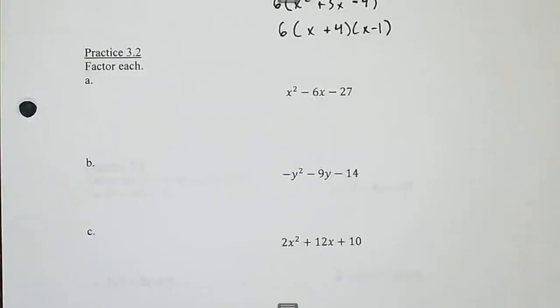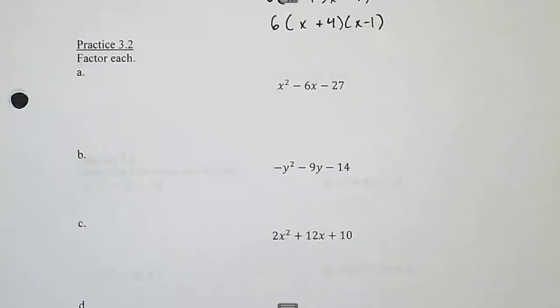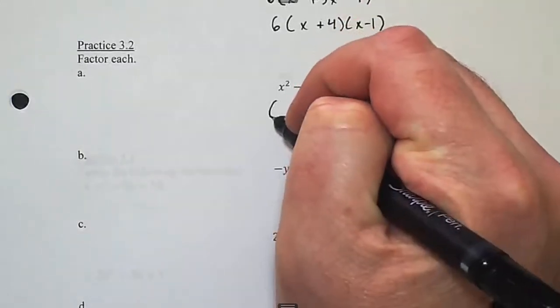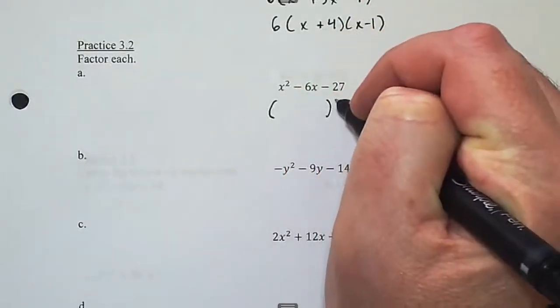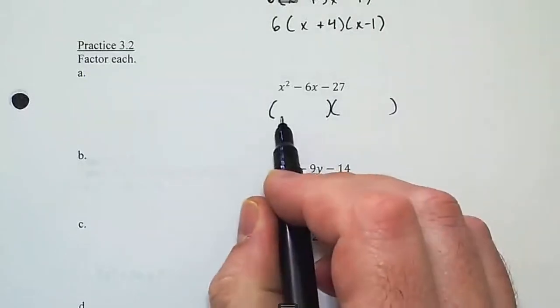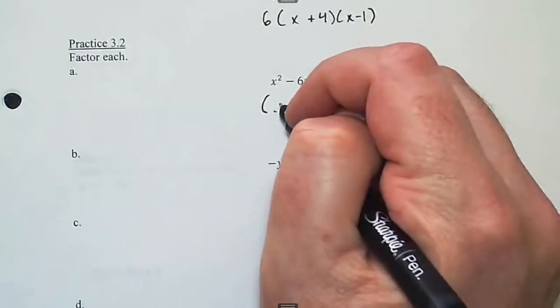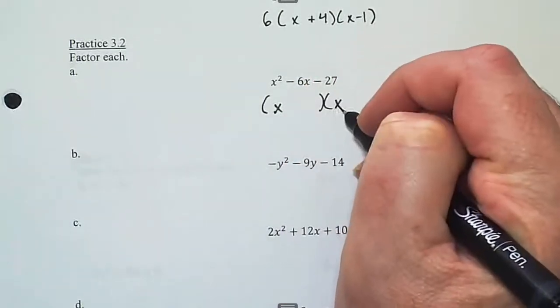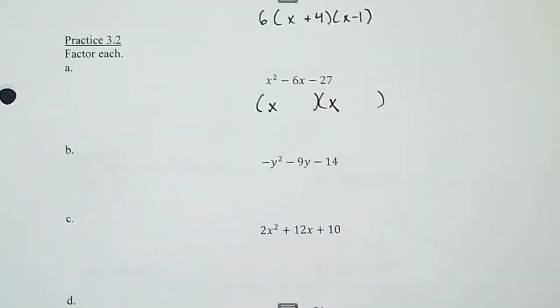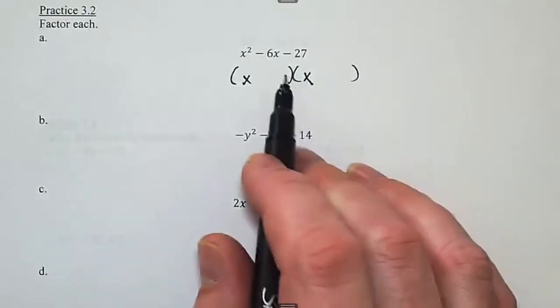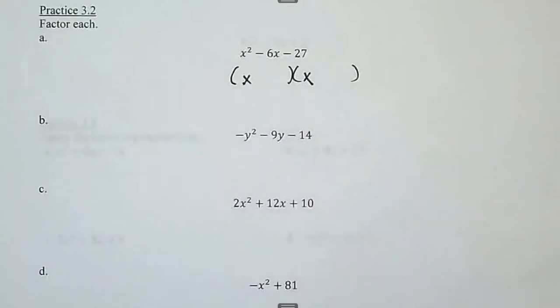All right, let's go over practice 3.2. Okay, what goes here and here has to multiply to x squared, so that's an x and an x. And then what goes here and here has to multiply to negative 27.